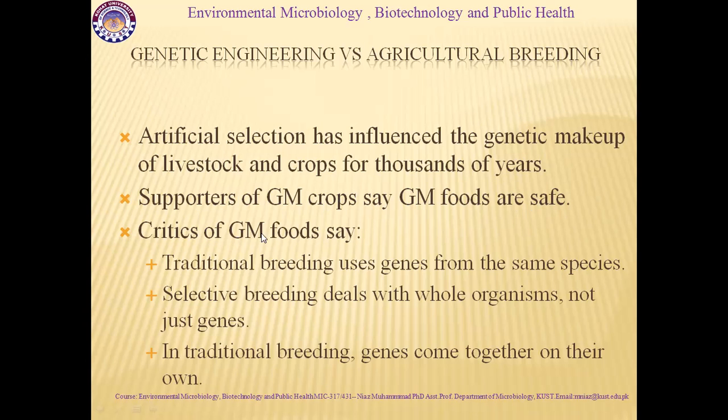Critics of GM food say that traditional breeding used genes from the same species. Selective breeding deals with the whole organism, not just one gene. In selective breeding, we are taking a whole animal instead of transferring genes. In traditional breeding, genes came together on their own.